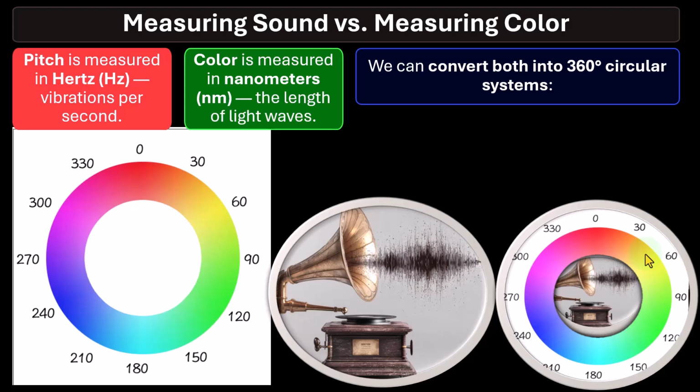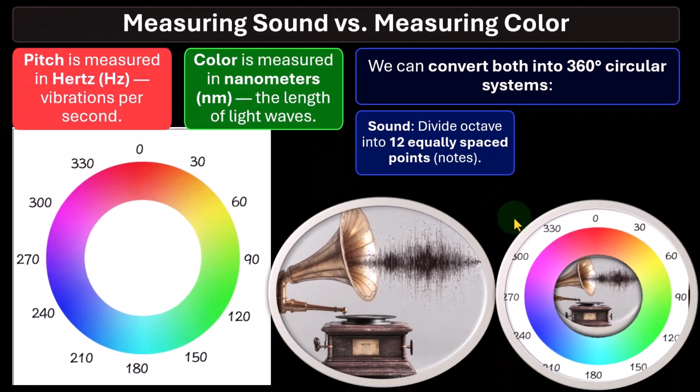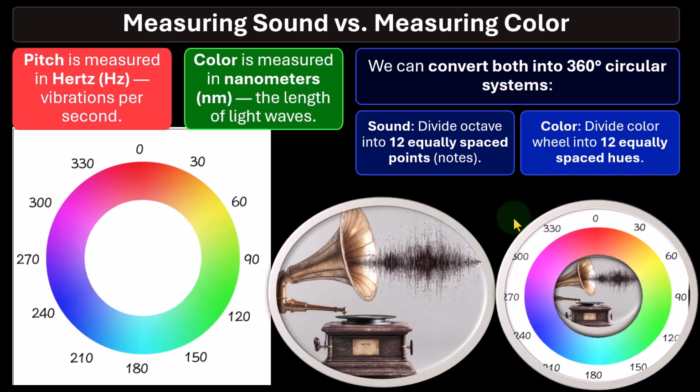That might sound a little wonky, but we actually will work that out if you want to look at the detail, but that's the idea. So sound: divide octaves into 12 equal spaces, points, notes. And color: divide the color wheel into 12 equally spaced hues. Then I just name these 12 points. That's in essence how they derive the 12 notes in the musical alphabet.